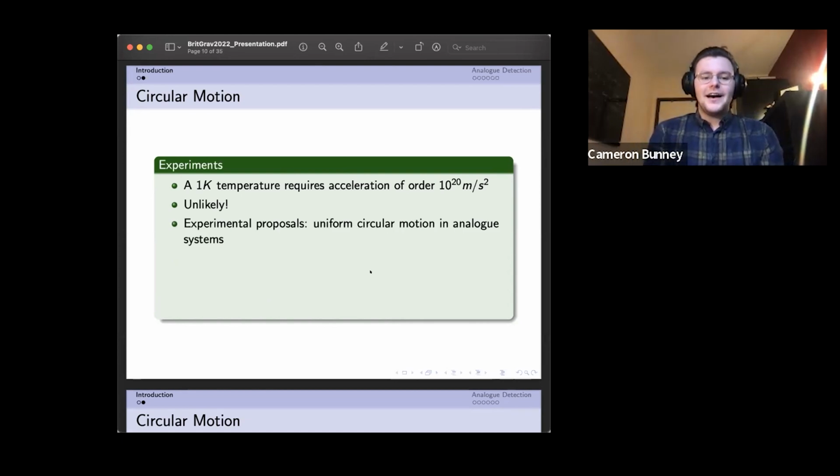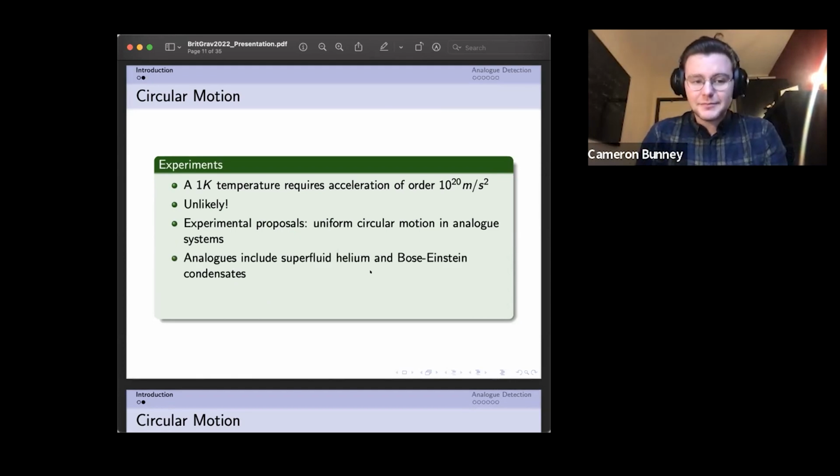So to get around this, there have been experimental proposals, such as uniform circular motion in an analog system. Now, the analog systems will use a medium such as superfluid helium or Bose-Einstein condensates.